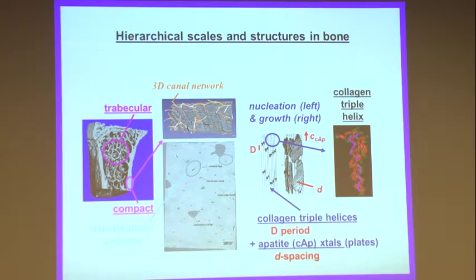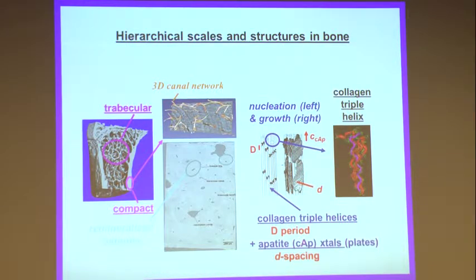In bone, we have a hierarchy of structures. So we have solid cortical bone and trabecular bone, a fenestrated type of structure here. There are canal networks. There are differences in mineral level within the cortical bone. And we can go all the way down to the nanometer level where we have collagen fibrils that nucleate mineral, hydroxyapatite.